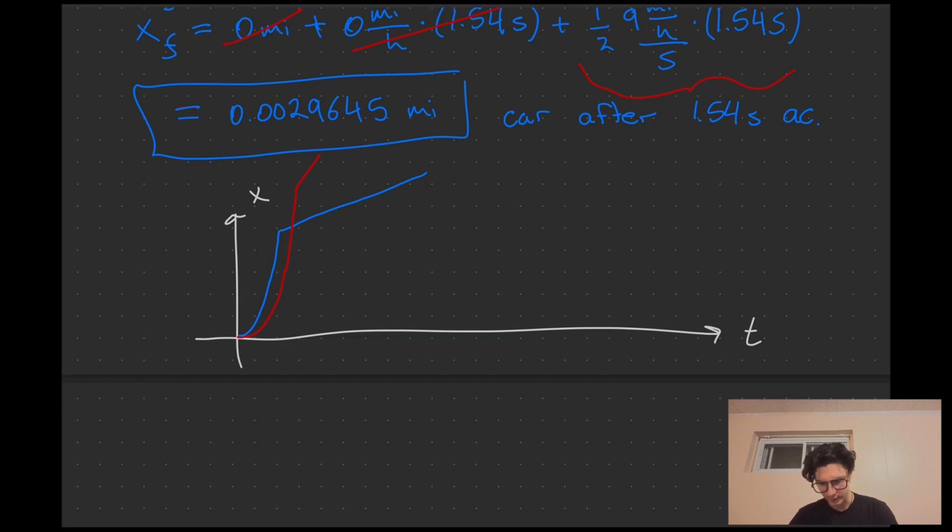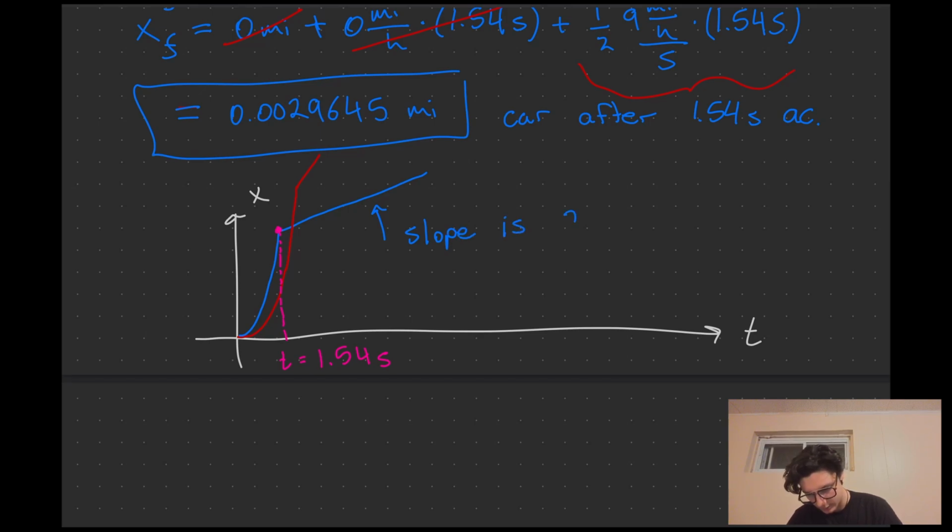So what we just looked at is this time interval right over here at t equals 1.54 seconds. This is exactly where the bike stops accelerating. Then it reaches constant velocity. And it would probably be cool to write the slope over here.